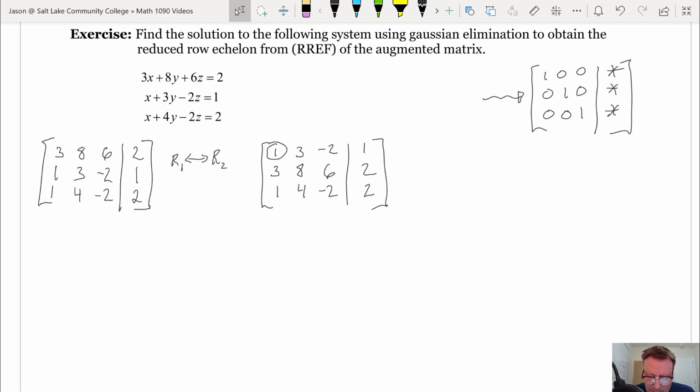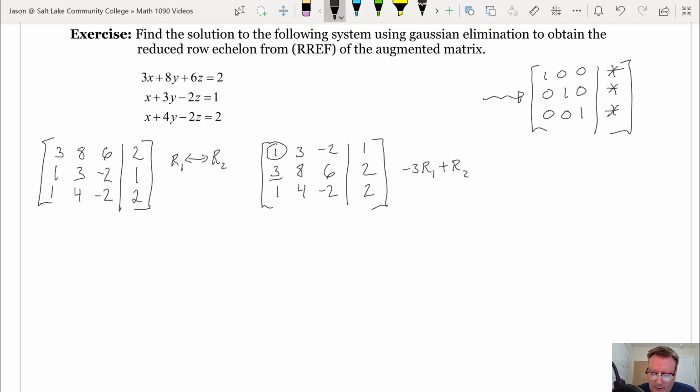So I want to make this 3 into a 0, and I want to use that pivot. The pivot is in row 1, so I'm going to do -3 times row 1 and add that to row 2.